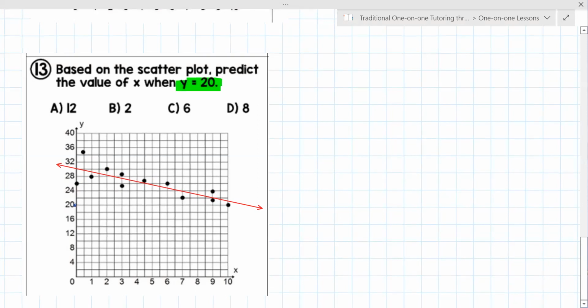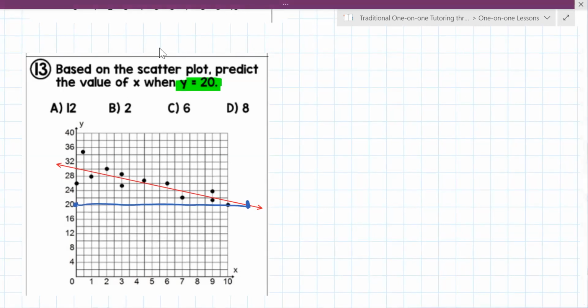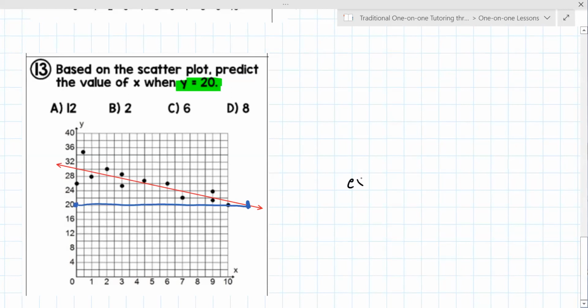So we go to 20 on the Y-axis and we go over there until we hit the graph. And notice it actually extends out a little bit. Did you talk about the idea of extrapolation in class? Nope. Okay.